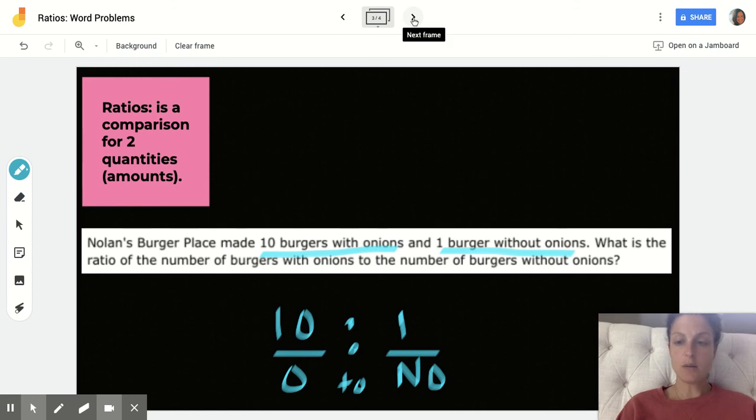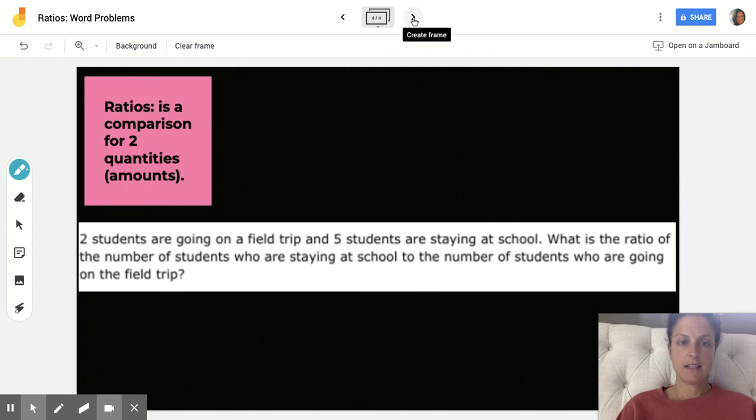We're going to do one more today. So 2 students are going on a field trip. 5 students are staying at school. What is the ratio of students who are staying at school to the number of students who are going on the field trip? So we have 2 students going on the field trip, 5 students staying at school. So here's my little colon again. I'm going to look at what the question is asking us. It says, what is the ratio of the number of students who are staying at school?